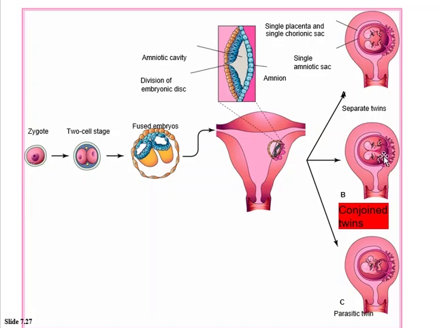Only we have two umbilical cords, and this may lead to conjoined twins or parasitic twins because the twins are in the same amniotic sac. So conjoined twins may appear in cases of separation or division of the embryonic disc.